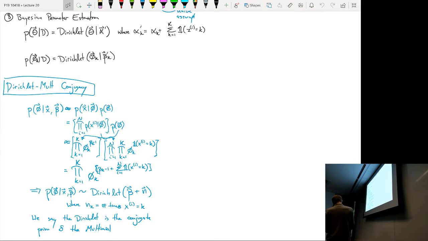And then beta prime kw, not a vector, is going to be the original beta kw plus a sum from i equals 1 to n, and another sum from k equals 1 to K, of the indicator that word xi was equal to w times the indicator that zi was equal to k.